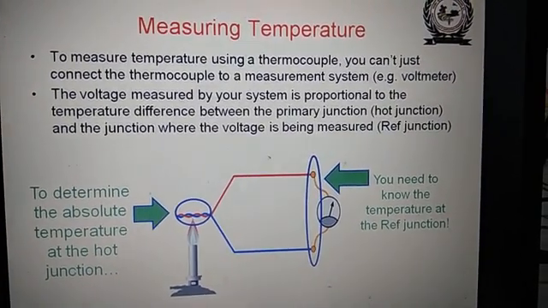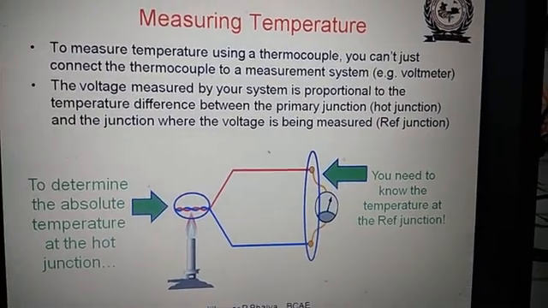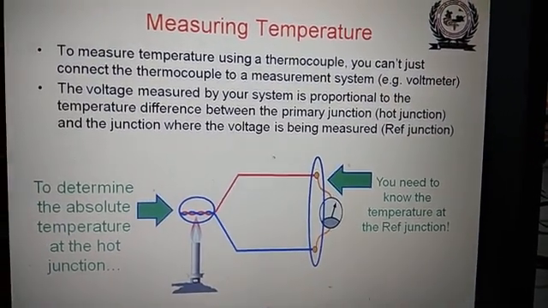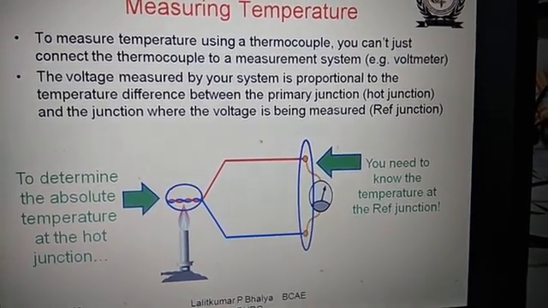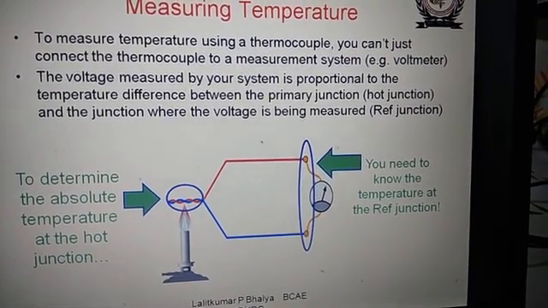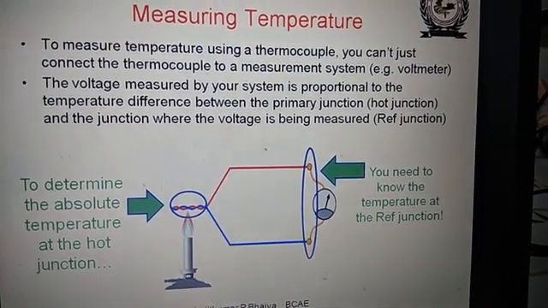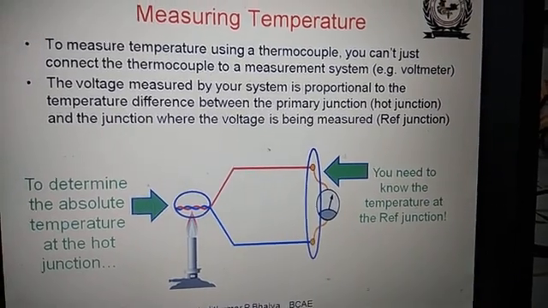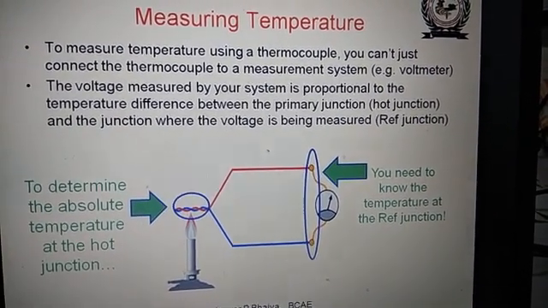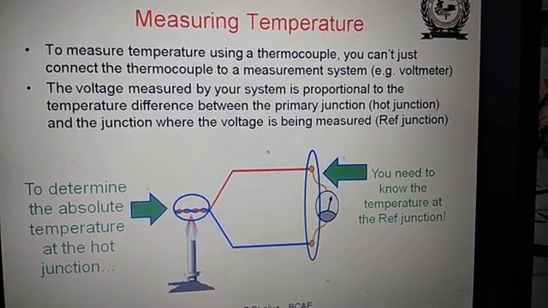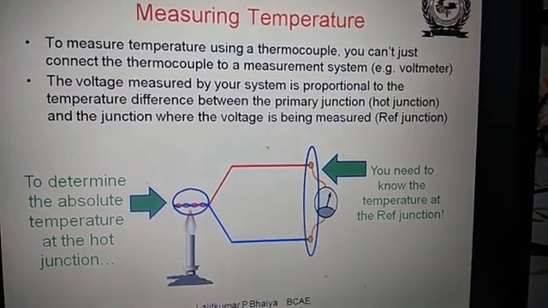To measure temperature using a thermocouple, you can't just connect the thermocouple to a measurement system, for example a voltmeter. The voltage measured by your system is proportional to the temperature difference between the primary junction, the hot junction, and the junction where the voltage is being measured, that is the reference junction. So what does it say? You have to use the reference junction also.